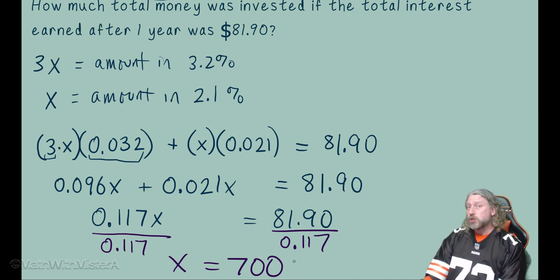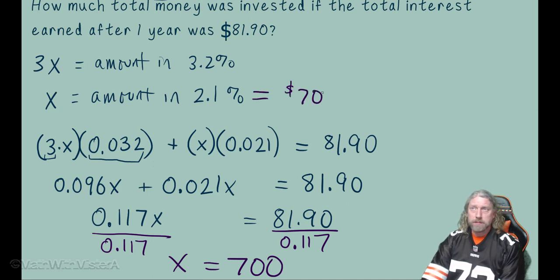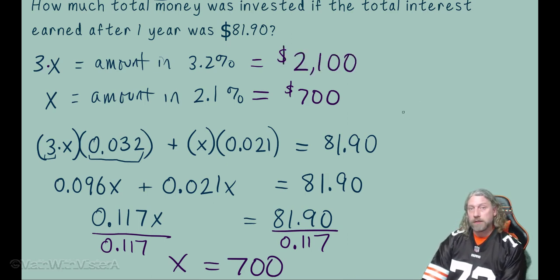So now that we have the solution to our equation, let's go back to our variables where we can see the amount in the 2.1% account was x, so that amount was $700. And the amount in the other account was 3 times x, so 3 times $700, which would be $2,100.